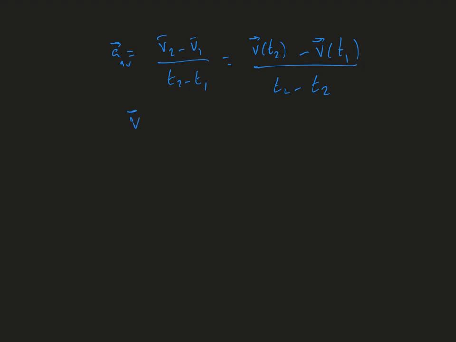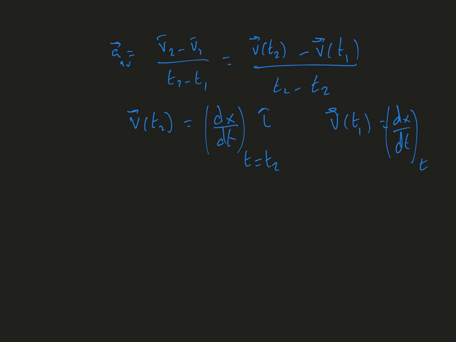But the vector velocity at time t2 is the derivative of x with respect to t evaluated at t equal t2 in the I direction. And the vector velocity at time t1 is the derivative of x with respect to t evaluated at t equal t1 in the I direction.